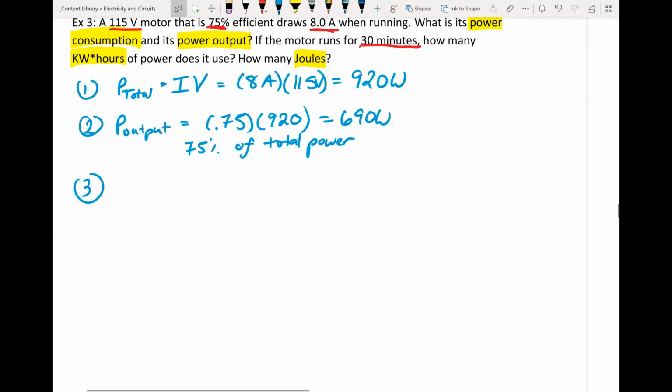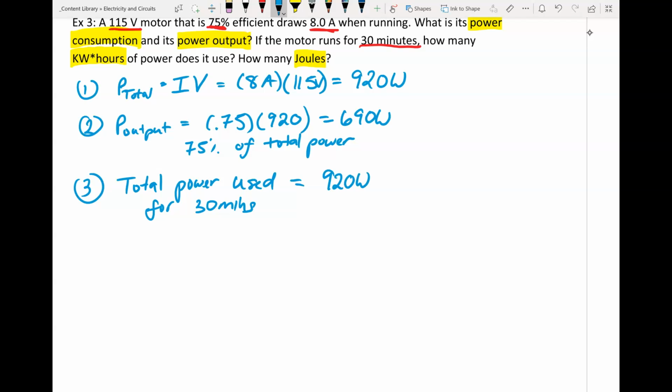The next thing we want to find is the kilowatt hours of power for 30 minutes. So looking for the total power used in 30 minutes. To find the total power used for 30 minutes, we know the amount used for an hour. That's 920 watts for the hour.